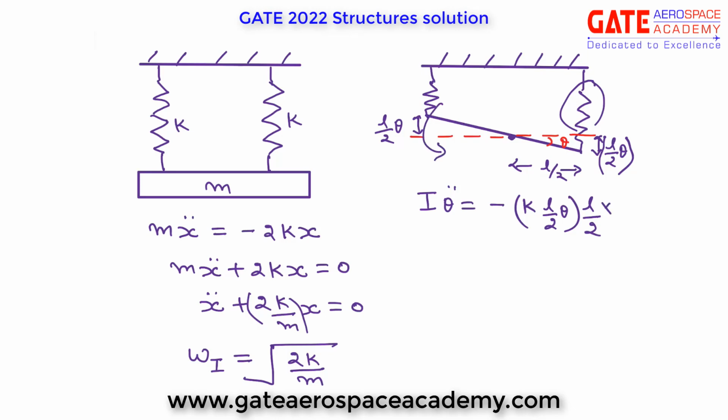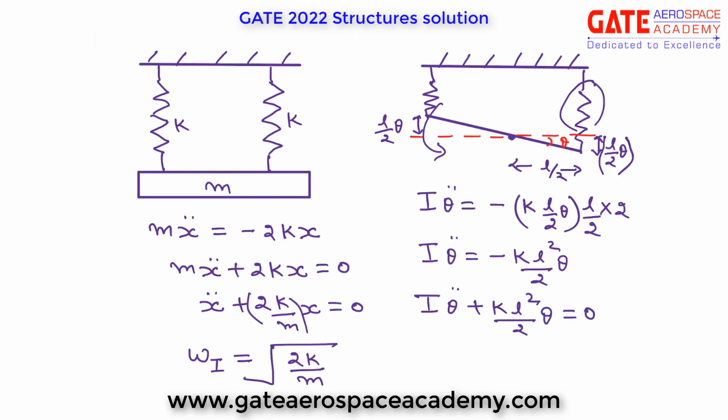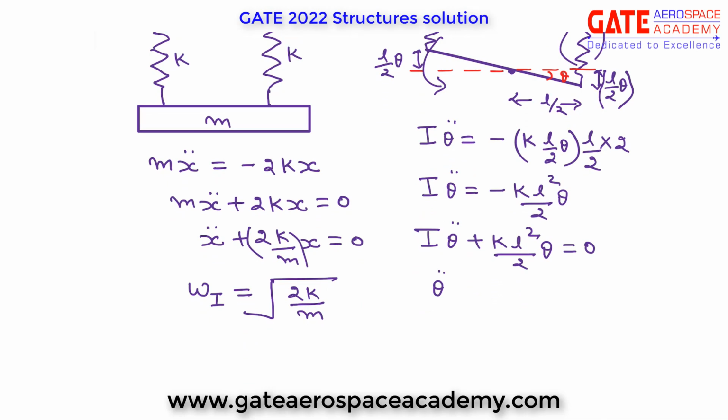So we'll directly multiply with 2. So I theta double dot is equal to minus K L square by 2 into theta. I theta double dot plus K L square upon 2 theta is equal to 0. Theta double dot plus K L square upon 2I theta is equal to 0, right?